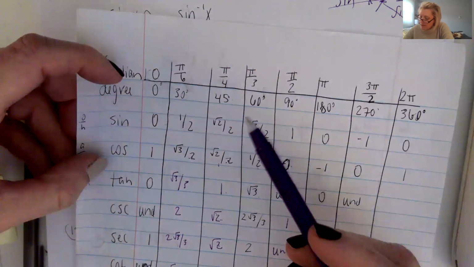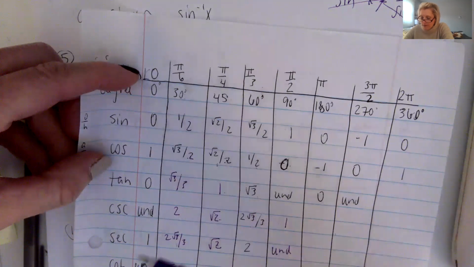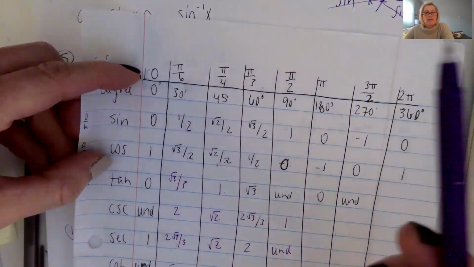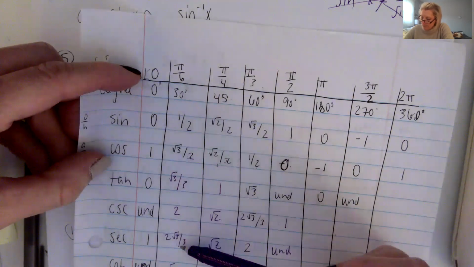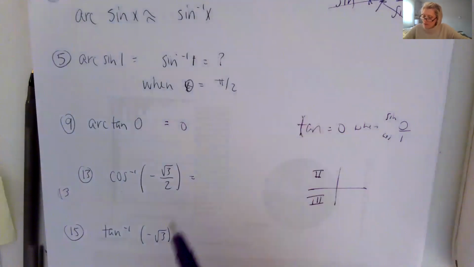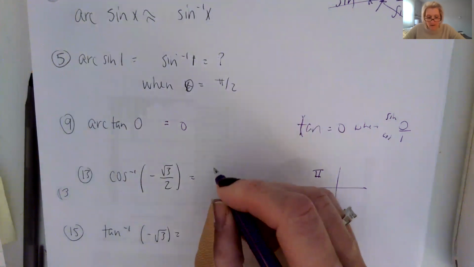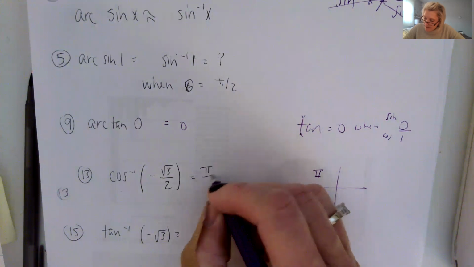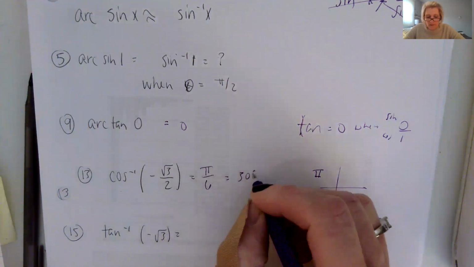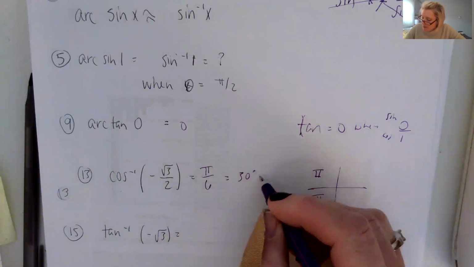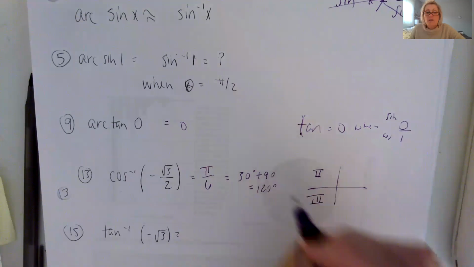And then it happens again at all of the cycles after that, π/6, and then 5π/6. It happens at those. So square root of 3 over 2, but it's negative. That's the same as 30 degrees, well, 30 plus 90, because it's in the second quadrant. So it's going to be 120 degrees.